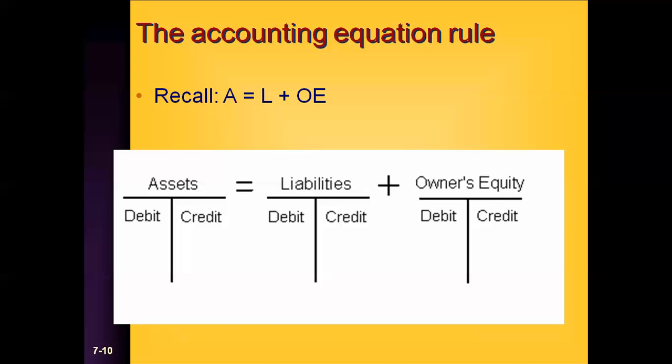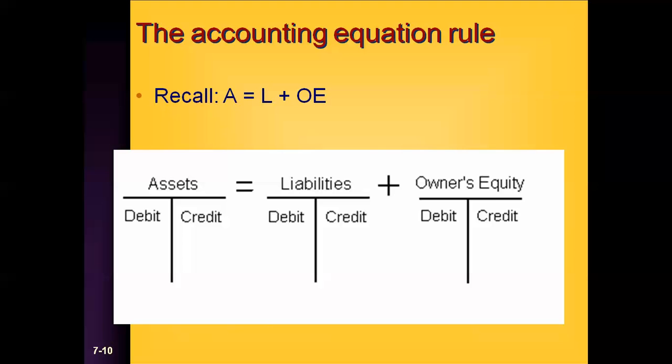On the other hand, in the liabilities and owner's equity accounts, which are on the right, increases on those sides of accounts would typically be looked upon as credits.